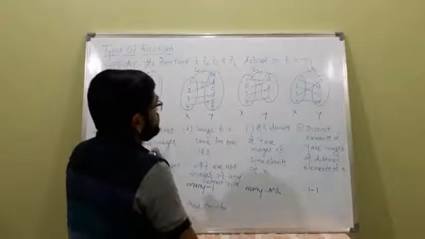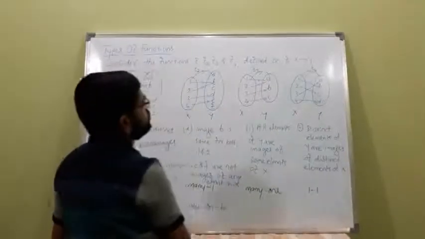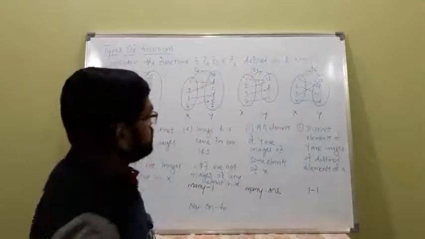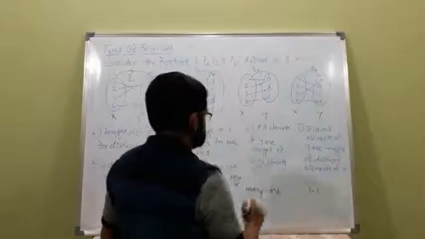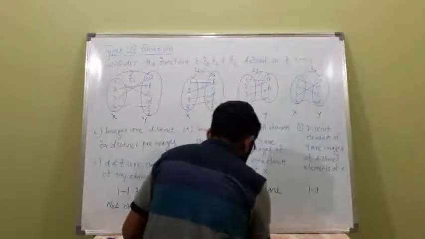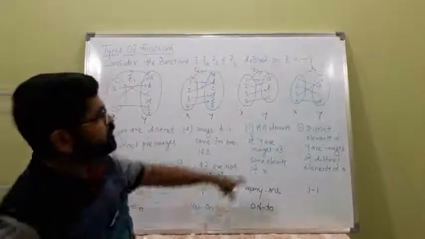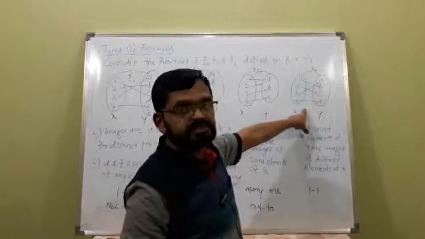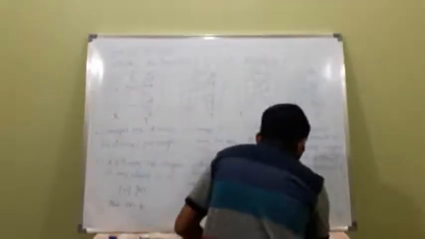Here A, B, C are the images of 1, 2, 3, 4 only. Each element in the codomain is an image of X. So this is onto. Clearly f4 is also onto. Nothing is left out, so onto.